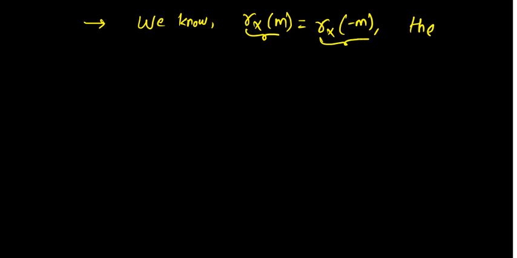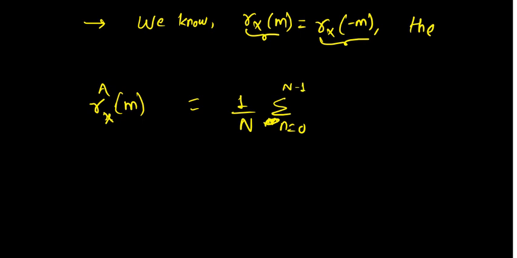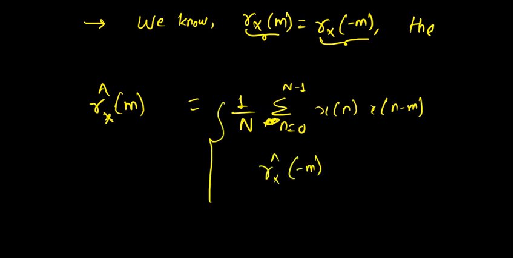The most widely used estimator, we can write the same thing for Rx hat of m as well: from n equals 0 to N minus 1, x of n and x of n minus m, and it will be Rx hat of minus m with the opposite result.